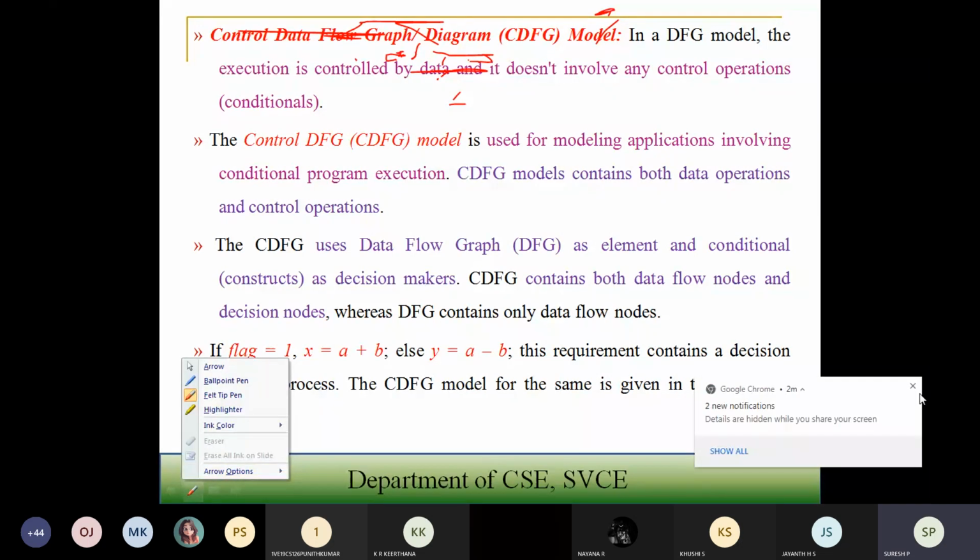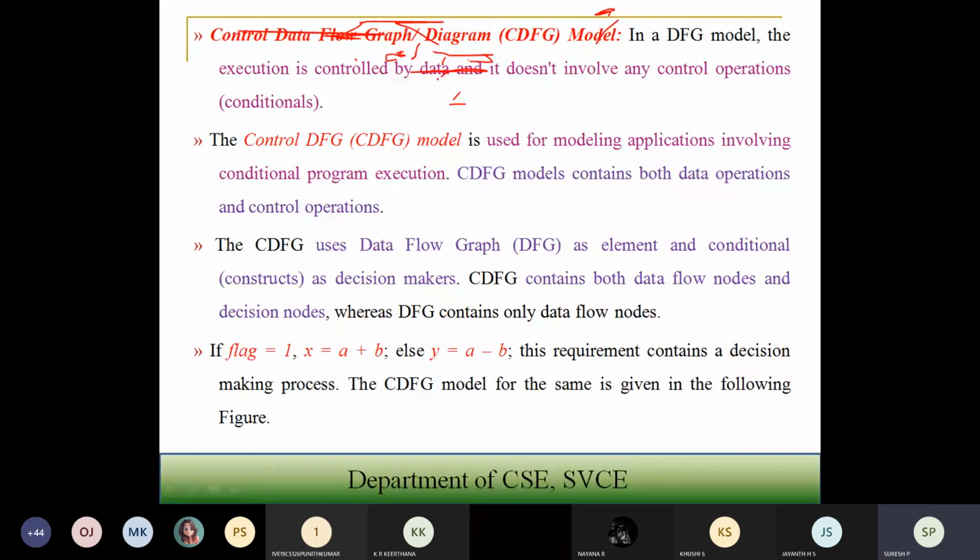As the name indicates, control data flow graph. Okay, so your execution is controlled by data. It does not really involve any control operations, but it is controlled by what? It is controlled by the data. What it means, we'll see next.